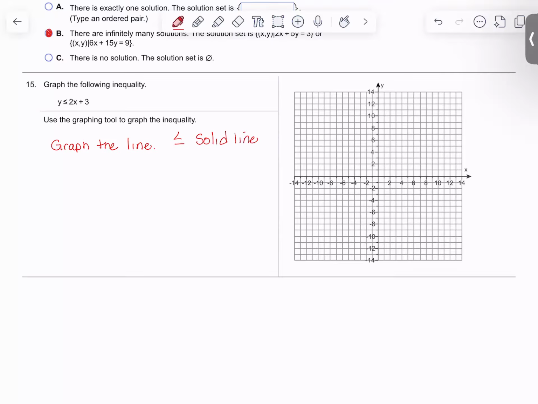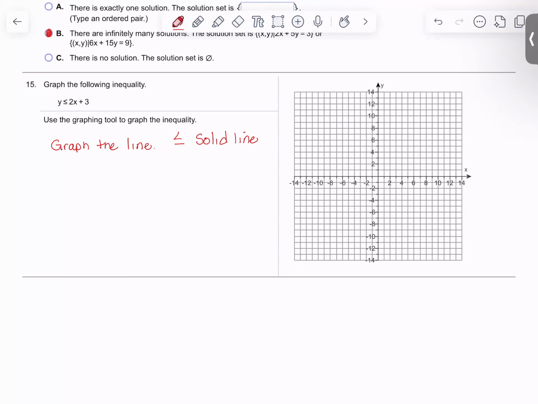So in my lab math, when I choose my line tool, I'll go down in that toolbox, and you've got a choice: you can keep it a solid line or you can make it a dashed line. Since this is less than or equal to, we're going to keep it as a solid line.